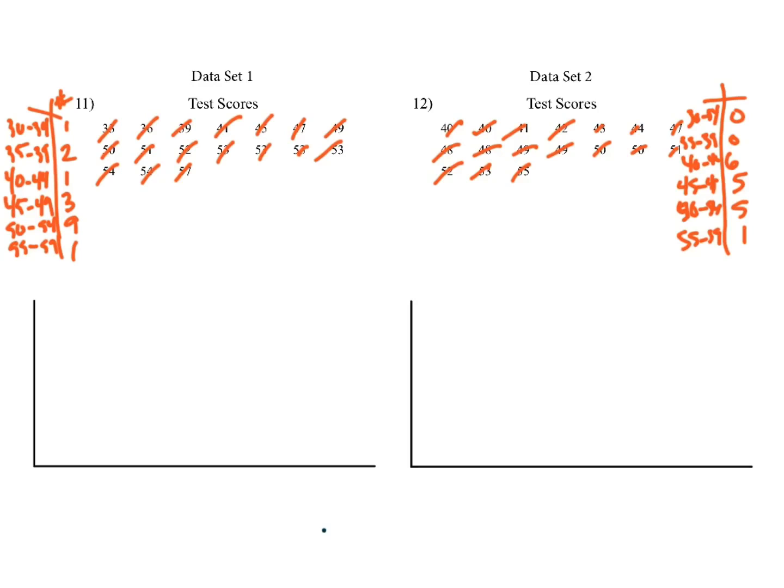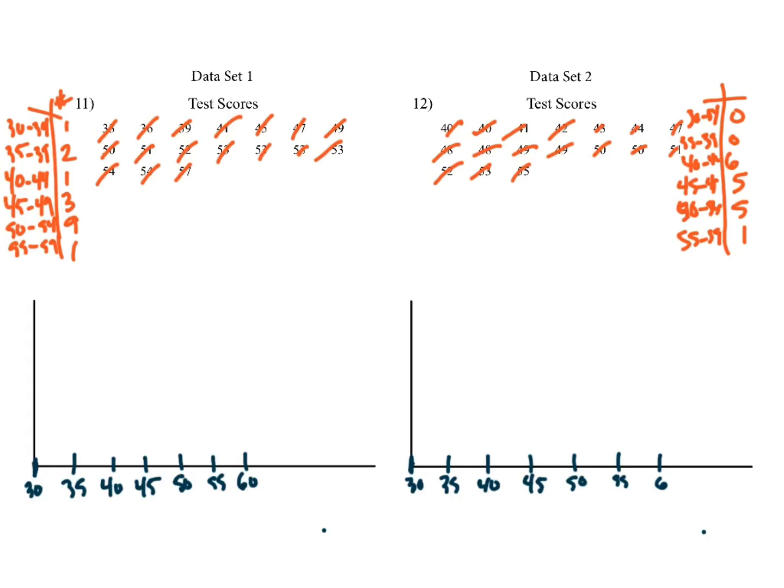Basically I think of this line as being 30. Then I'm going to go every 5, so 35, 40, 45, 50, 55, and 60.